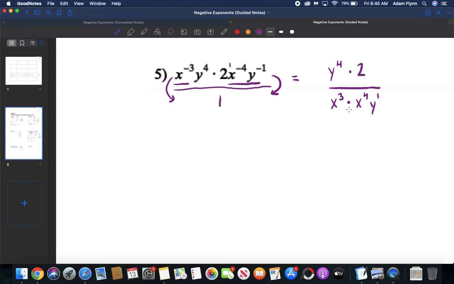Okay? So now I turn this into a quotient rule problem. So I can go ahead and solve this as if it were just a quotient rule problem with no negative exponents. So I'll start with my big numbers.